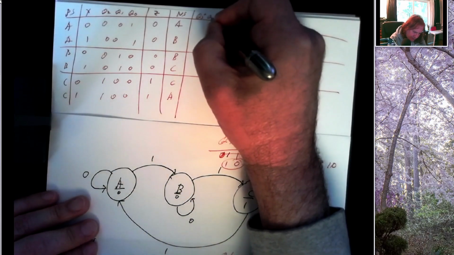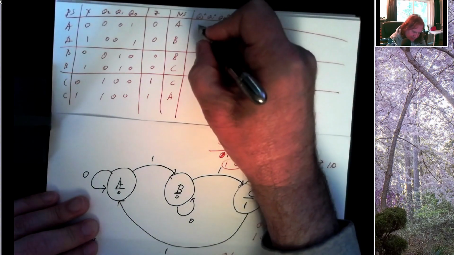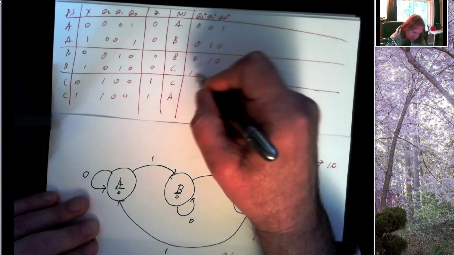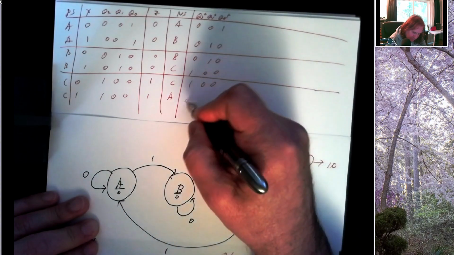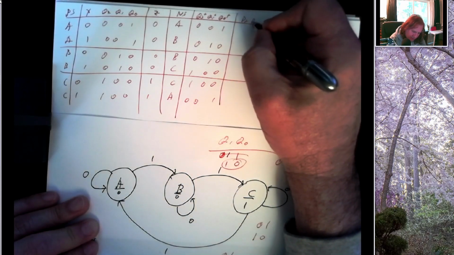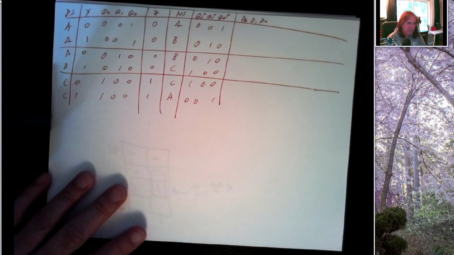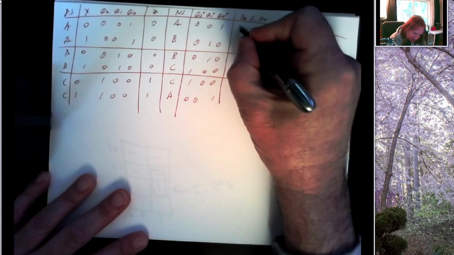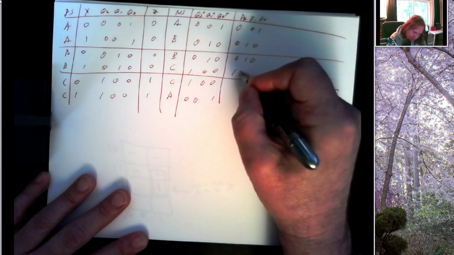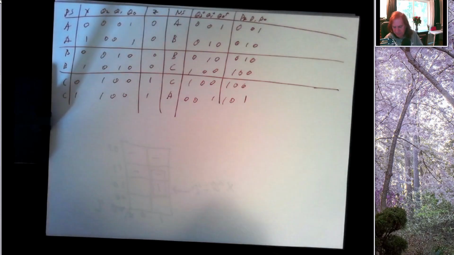So we can list the next values of Q2, Q1, and Q0. And then we could list the inputs to the flip-flops. And if they're D flip-flops, the inputs to the flip-flops will be exactly the same as what we want the next state to be. And there we go.